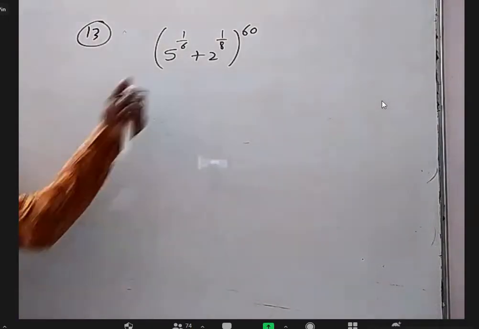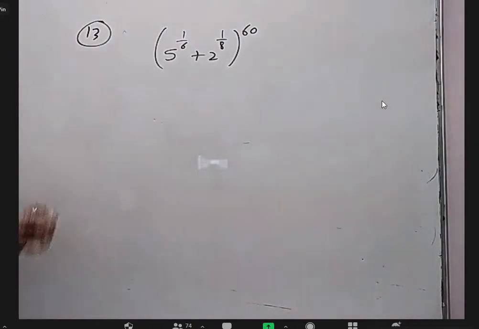They want to know how many terms are rational in this. When I expand this by the regular binomial theorem, we'll get a lot of irrational terms, right? Okay, now very few are rational terms.